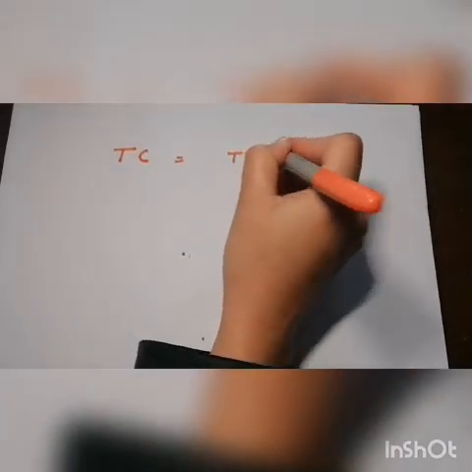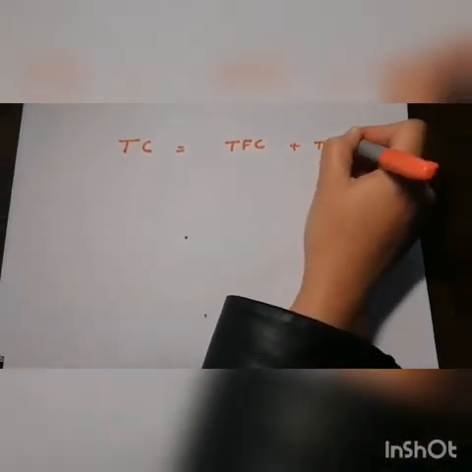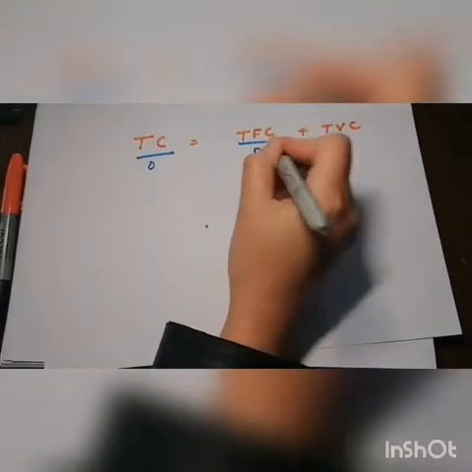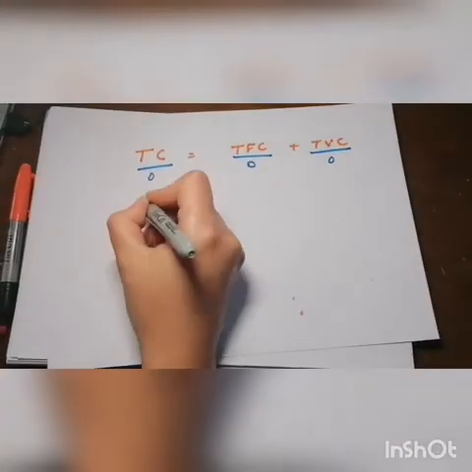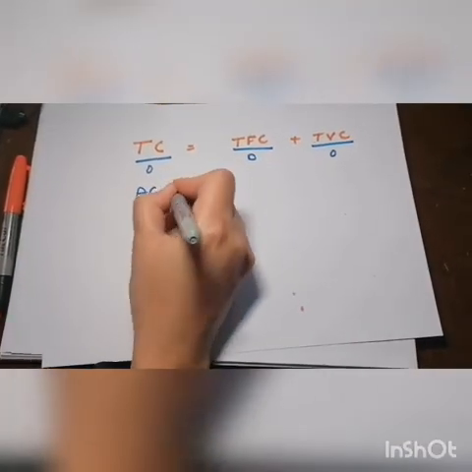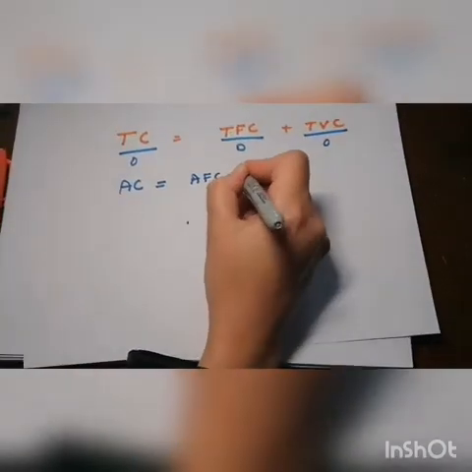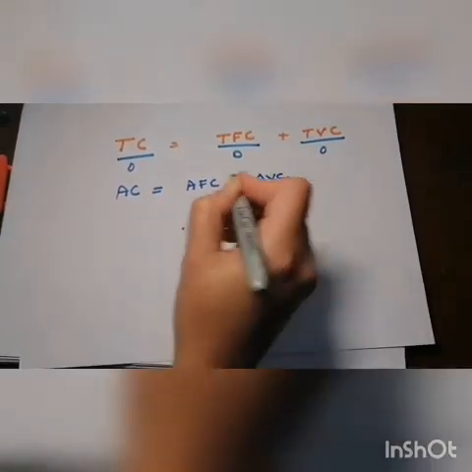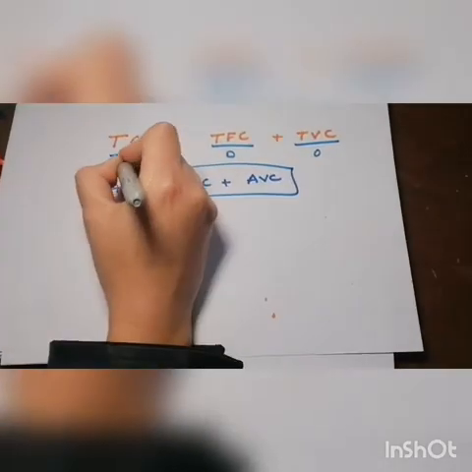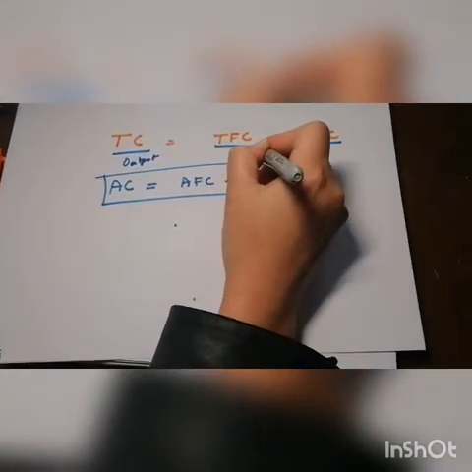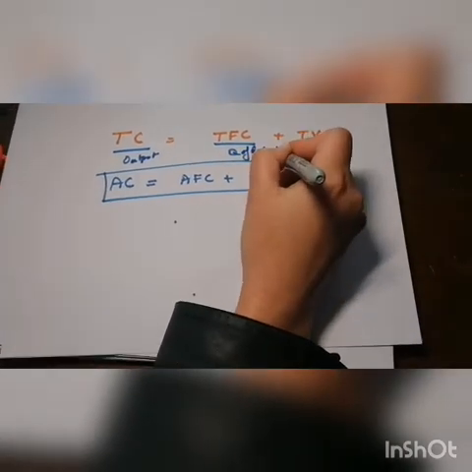Total fixed cost plus total variable cost, if you divide it by the output you are producing, then you have the average total cost equals the average fixed cost plus the average variable cost, and this is how we derive it, where Q is the output or the quantity of output produced.